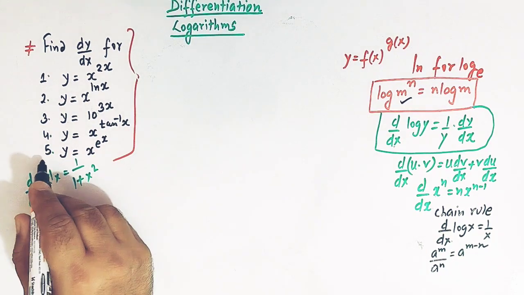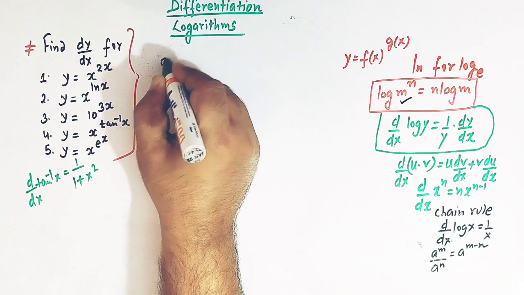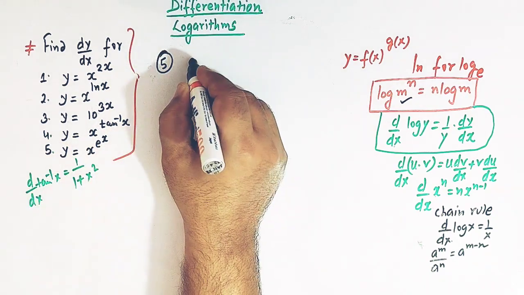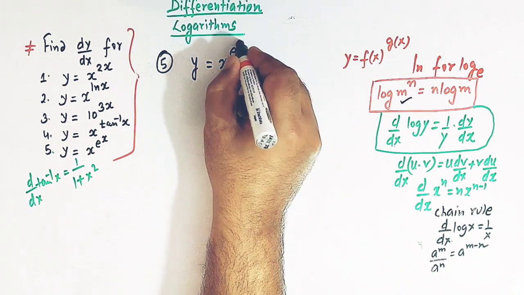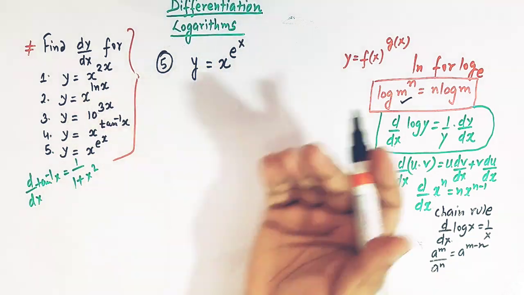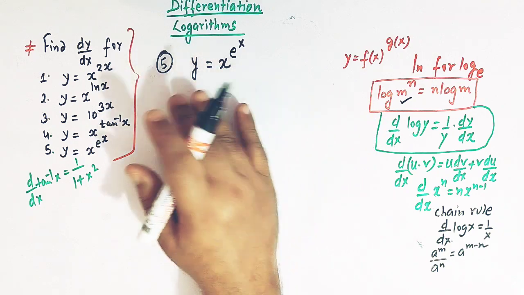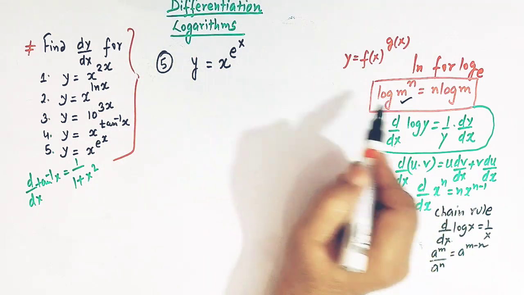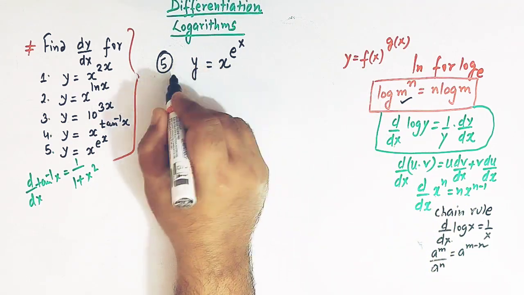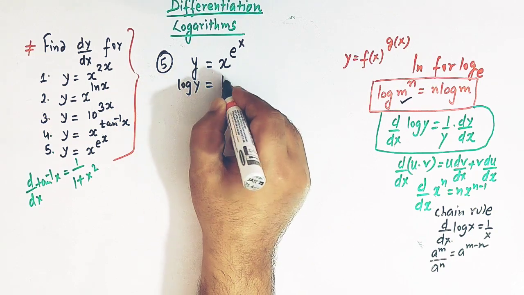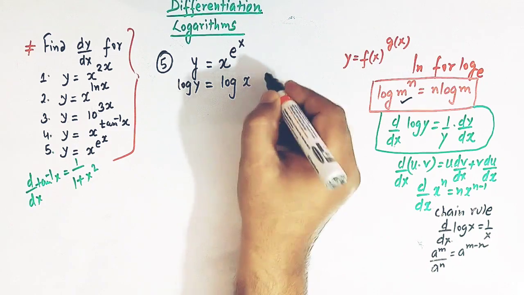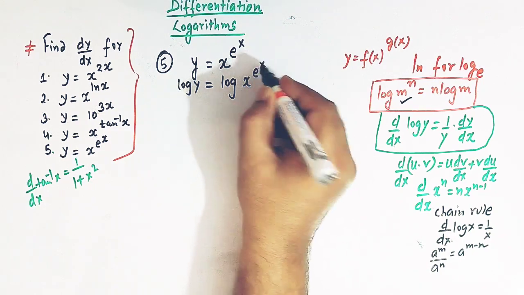Now let us take the last problem. Here we have y is equal to x raised to e raised to x. Again, we will make use of the property of logarithms. Taking log of both sides, we have log of y, and here we have log of x raised to e raised to x.